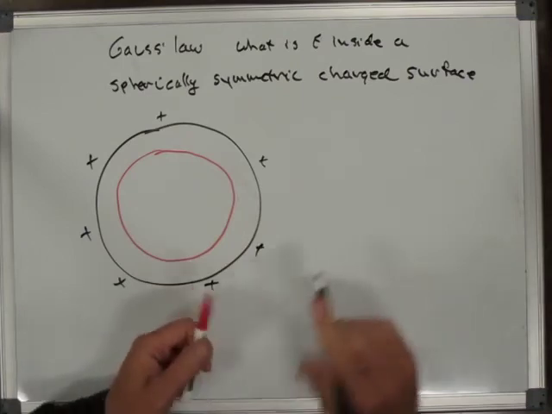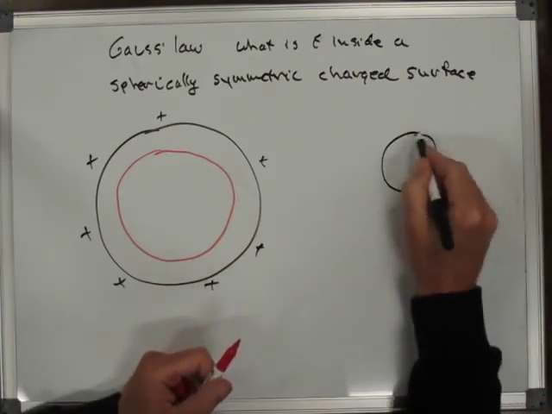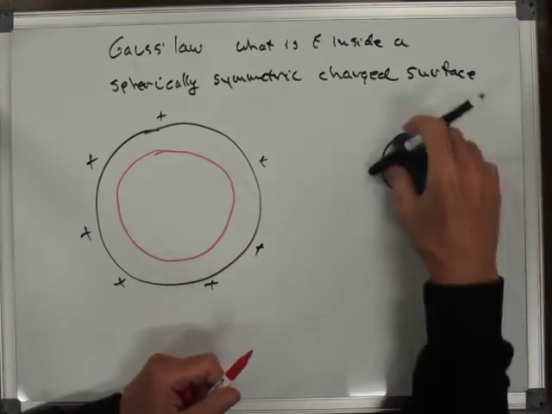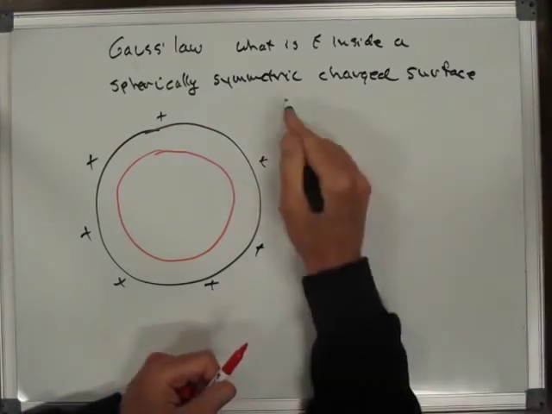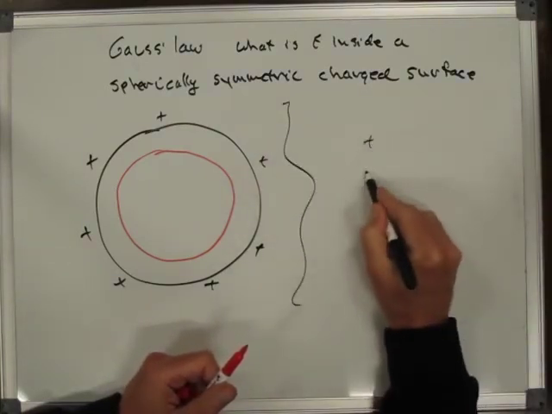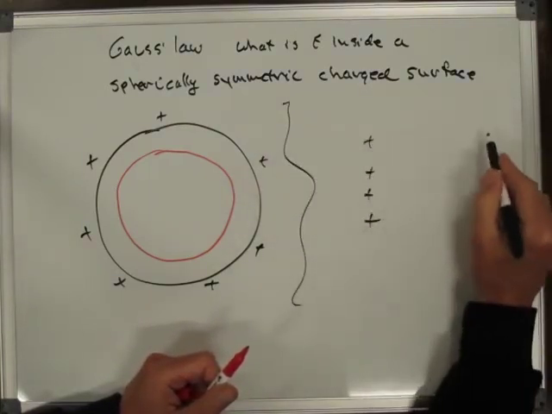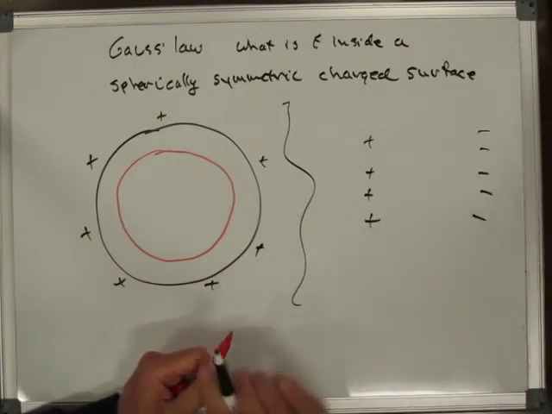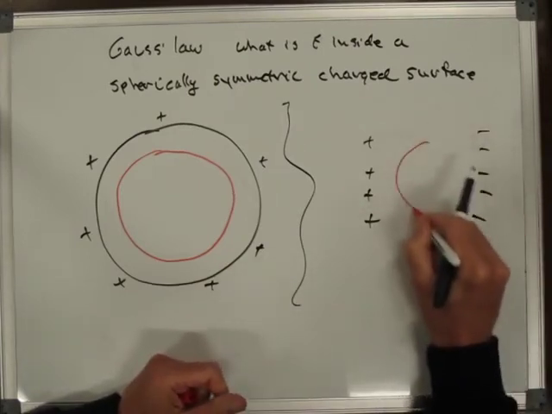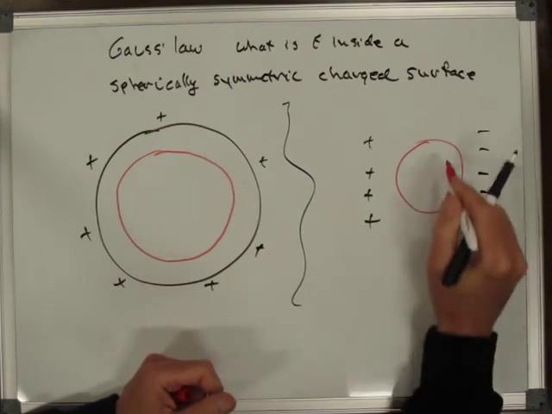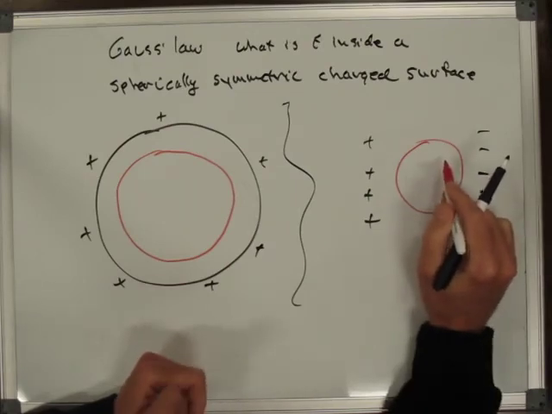So, for example, suppose I have some plus charges over here and some minus charges over here, and I draw some Gaussian surface in between them. Well, the net flux through this surface is 0.